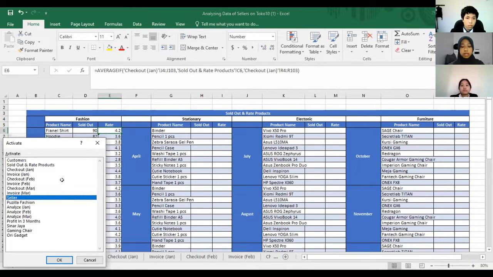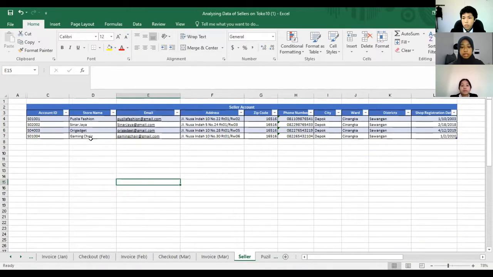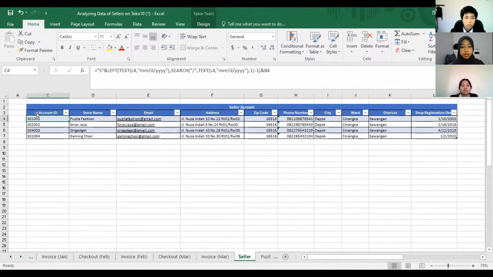Next is the worksheet and table seller. This table consists of 11 columns in the form of data about sellers in Toko10. Account ID contains a unique code for each store name. The formula used for this account ID is 3D formulas. The meaning of this seller's account ID is S for seller, 01 for register month, which refers to the date column of the store's register, and 001 refers to this ID.